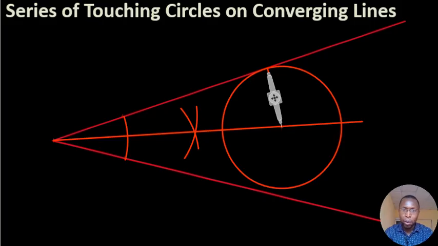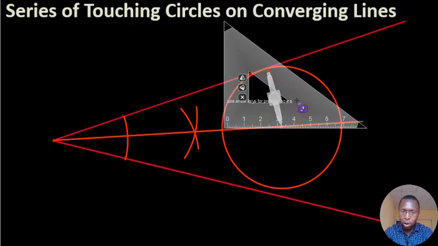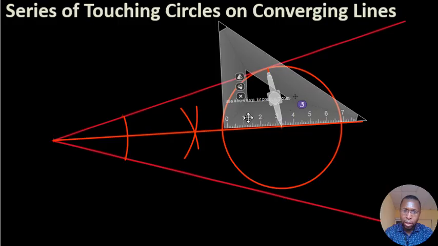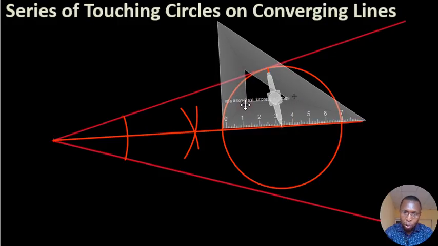You get a set square and adjust it on that bisector. Before you draw, make sure that your set square is well set on the edge of the circle, lying parallel to the bisector. Then you can get your pencil and draw your tangent.